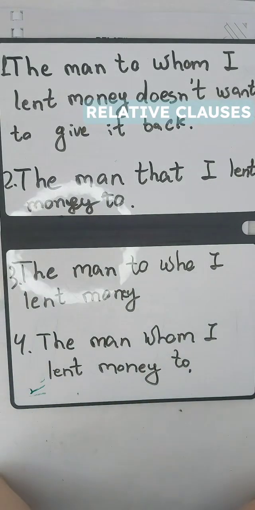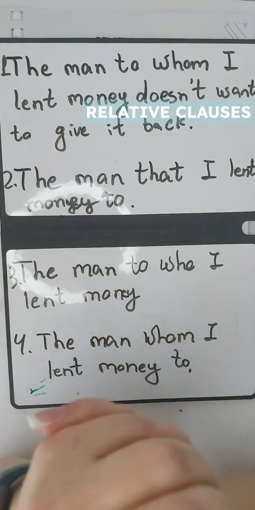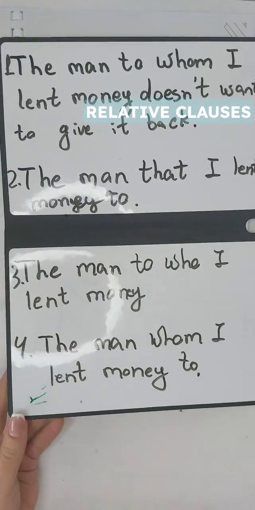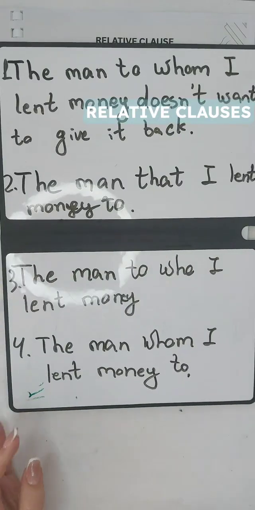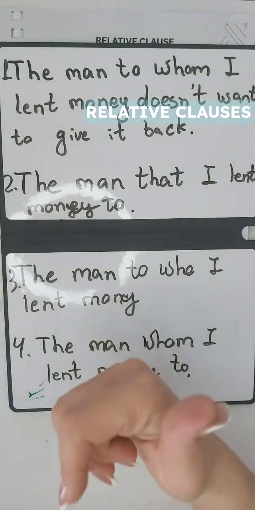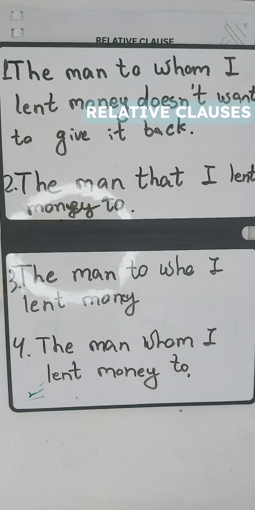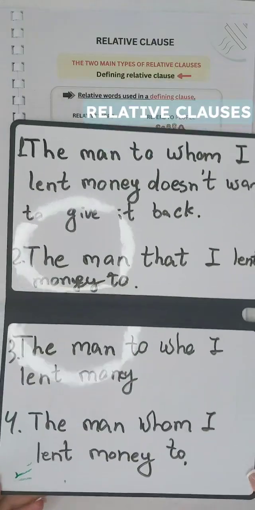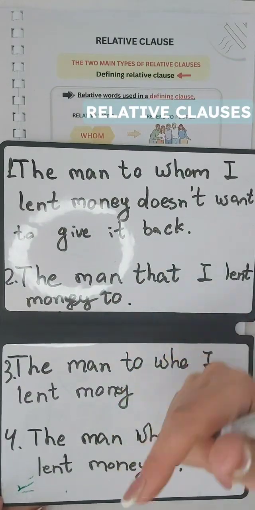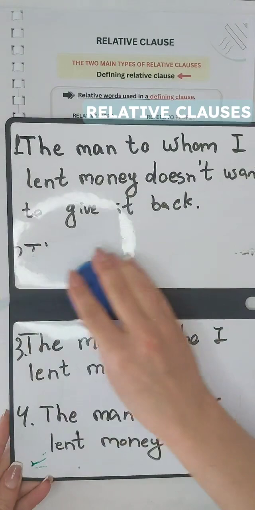Very well done, Mohammed. Excellent. So when talking about people, we can use, very well done, Shao. Excellent. I'm so happy that you understood yesterday's live lesson about whom, who, and that, right?